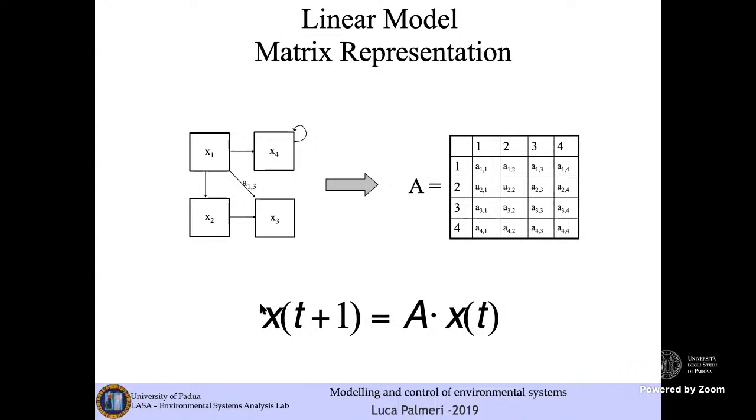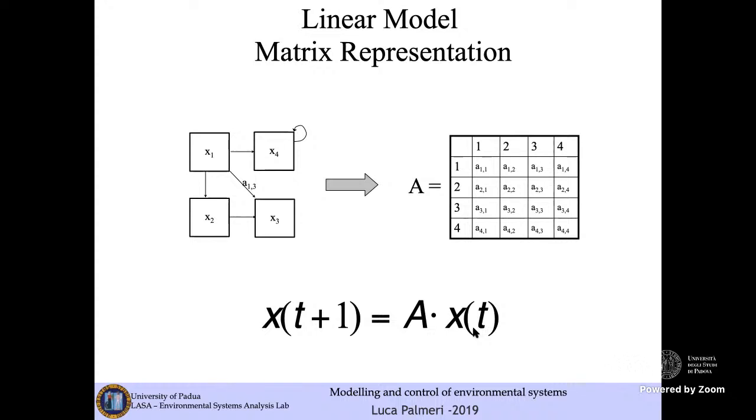In particular, if I introduce as a descriptor of the state of a system a vector of 4 state variables, x1, x2, x3, and x4, then through this matricial representation, I'm able to compute the value of the state variables at a time instant that is successive to the initial time instant by simply making a matricial product of a matrix A times the state vector x.